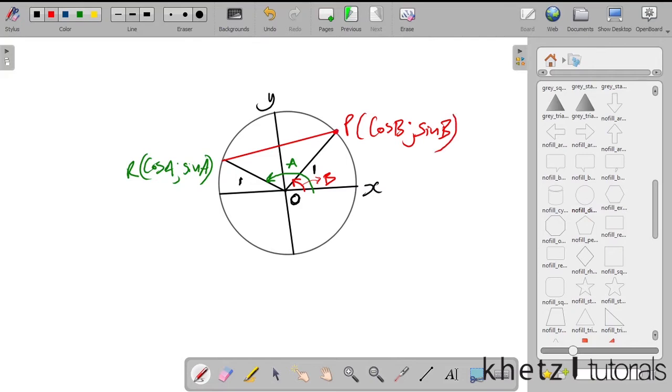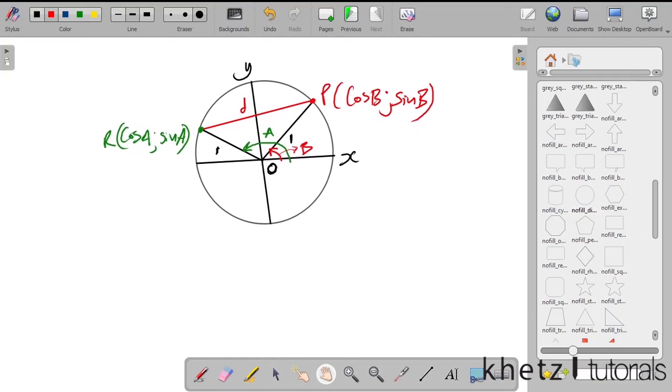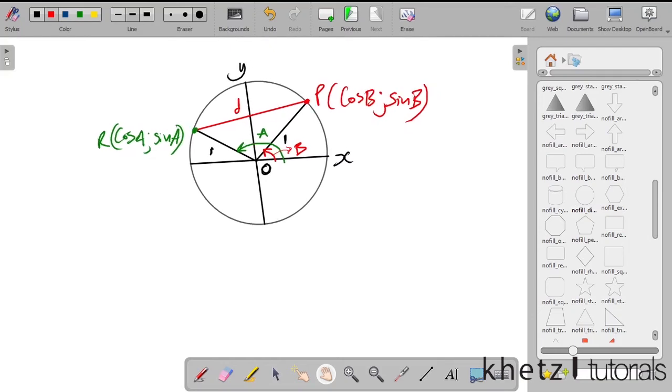So that is the coordinate for that point over there, and this is the coordinate for that point over there. We can now call this line D to denote the distance from one point to the other, and we can start our analysis of this diagram.